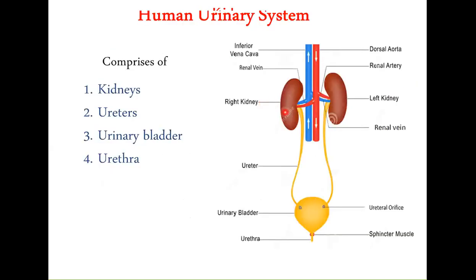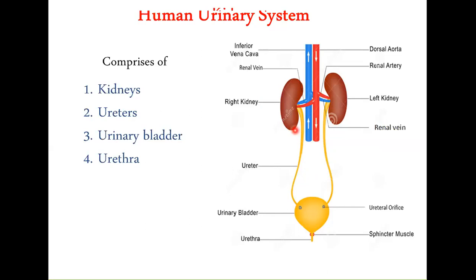Right kidney on the right side of the vertebral column, left kidney on the left side of the vertebral column. उन दोनों के बीच में बैकबोन है, वर्टिबल कॉलम है, जो यहाँ नहीं दिखाया गया. Right kidney lies slightly lower than the left one. Right kidney left kidney से थोड़ा सा नीचे present होती है.